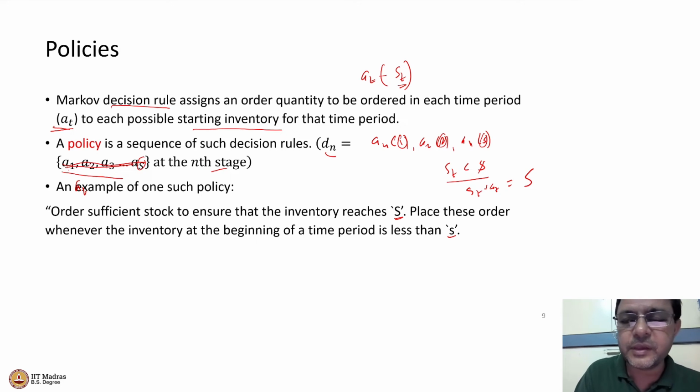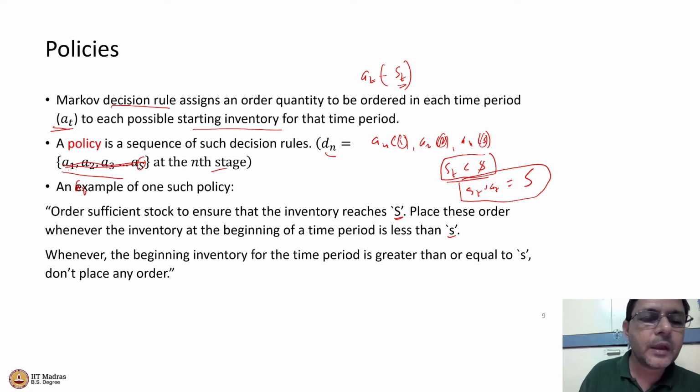So that's what this policy means. Place the order whenever your beginning inventory is less than s, and order so much that your total on hand inventory reaches capital S. Whenever the beginning inventory is more than s, which means if ST is greater than s, then don't place any order. Then AT will be equal to 0, right? So this is an example of one such policy.